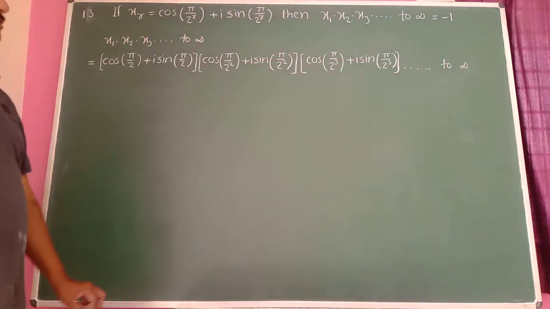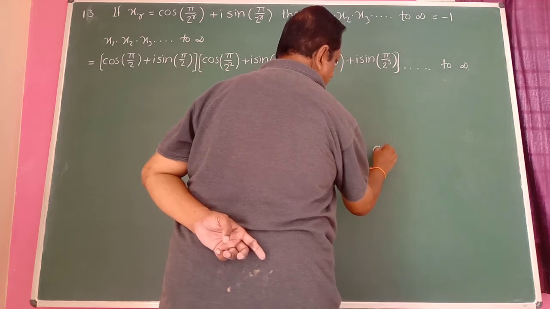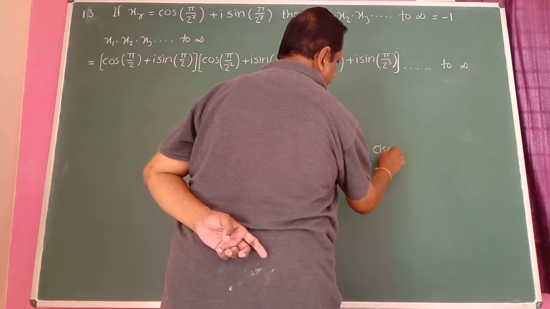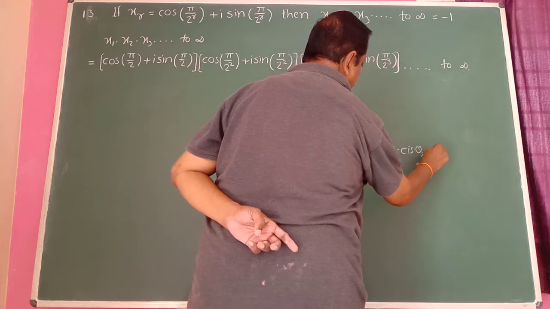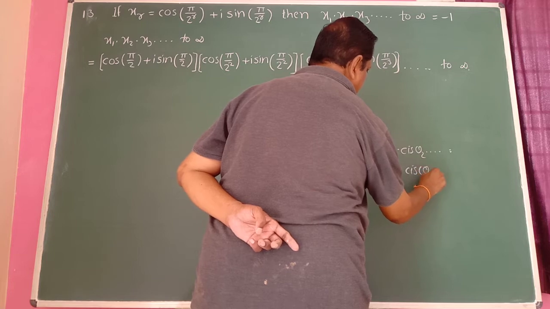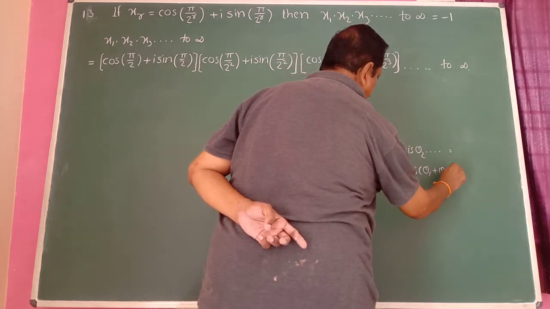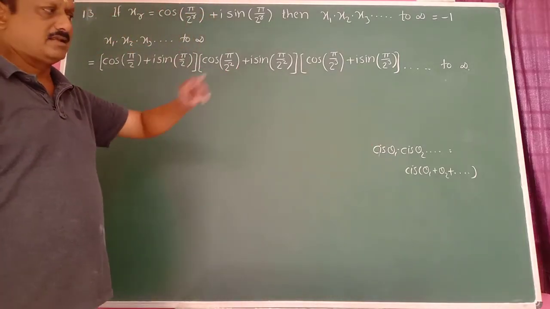Okay. So you know this result here. Since cis of theta 1 into cis of theta 2 and so on is equal to cis of theta 1 plus theta 2 plus and so on. So using that result here.